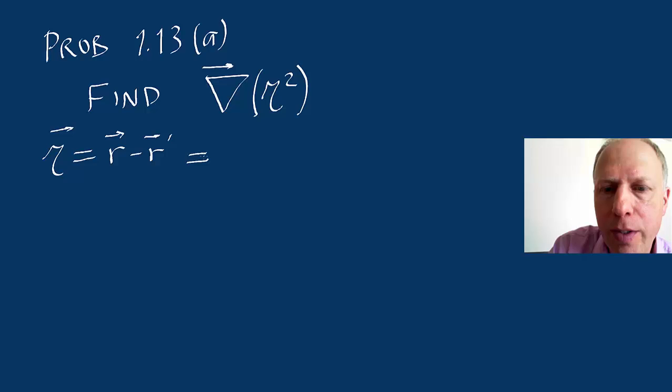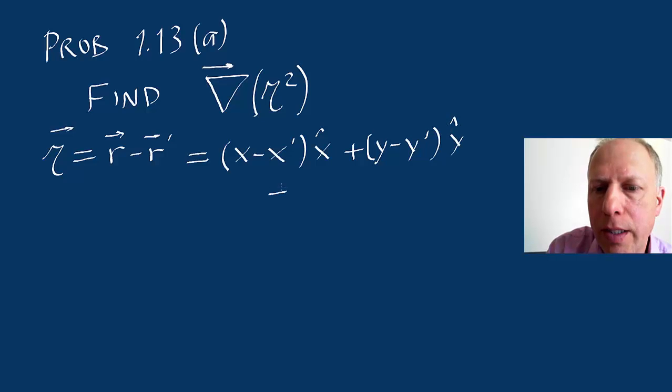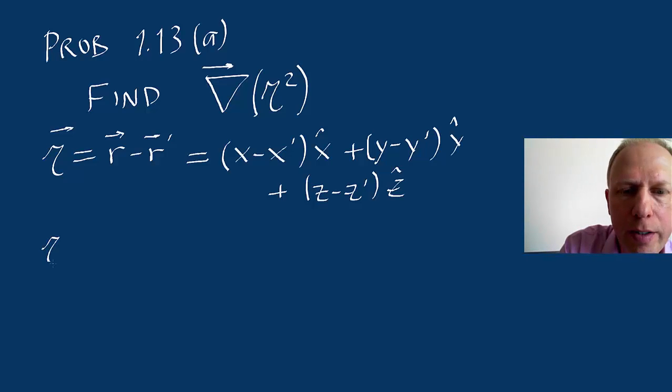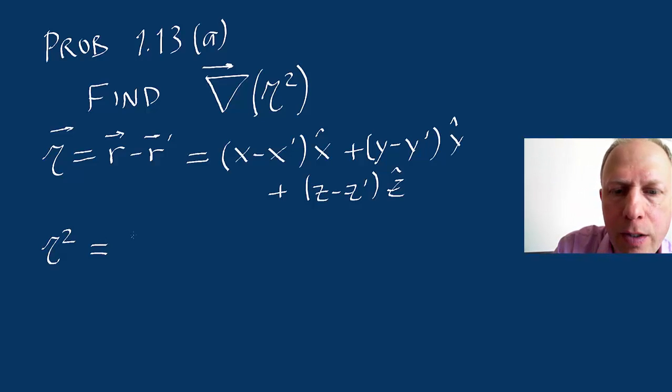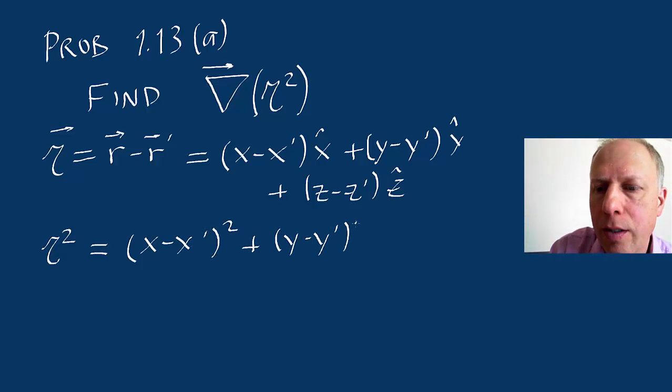So in terms of components, that's x minus x prime x hat plus y minus y prime y hat plus z minus z prime z hat. Script r squared is the magnitude squared of script r, which is x minus x prime squared plus y minus y prime squared plus z minus z prime squared.